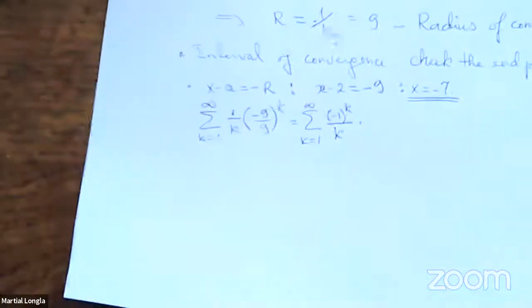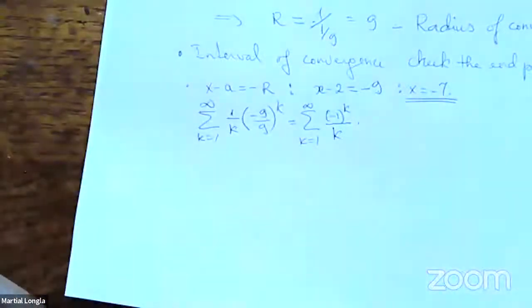And you need to decide whether this thing converges or not. How do we decide for this? Nicholas?